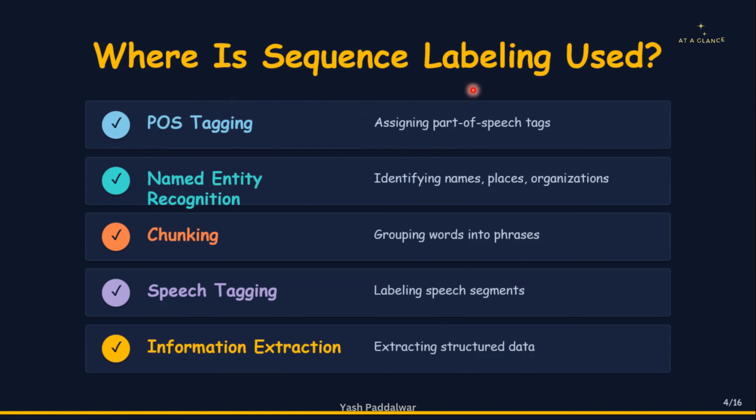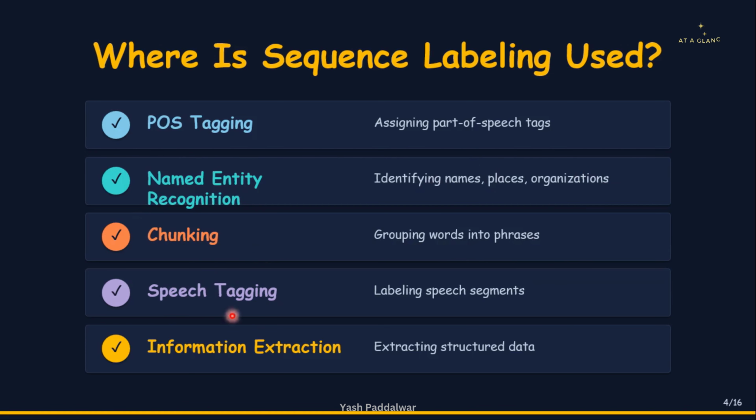Now let's have a look at where sequence labeling is used. These are some of the areas. First is POS tagging. We basically assign part of speech tags to each and every token. This we already have seen in previous videos. Please have a look at it if you haven't watched that. Next, we use sequence labeling in named entity recognition, for identifying names, places, organizations, etc. We use it in chunking, like grouping words into phrases.